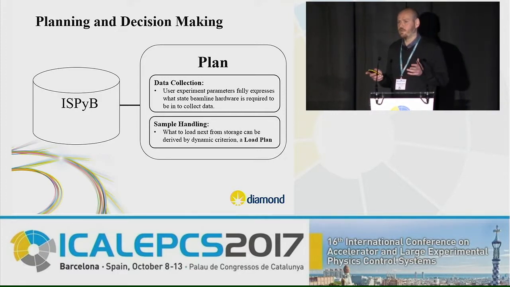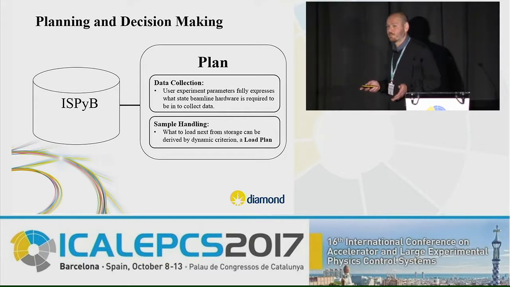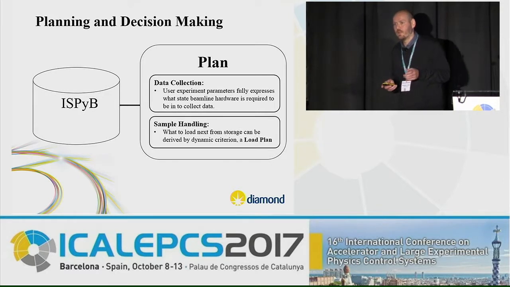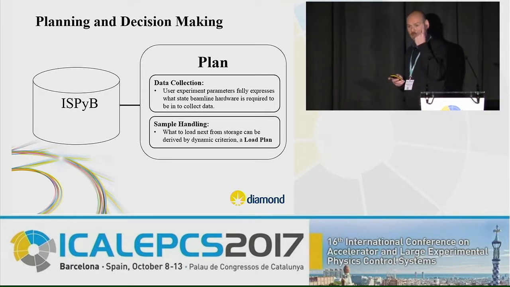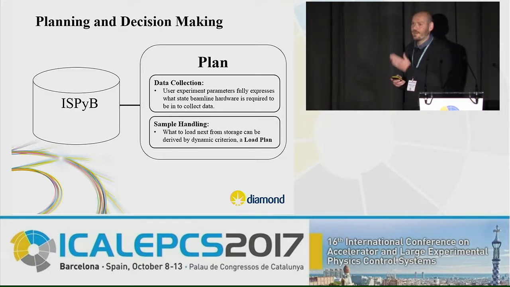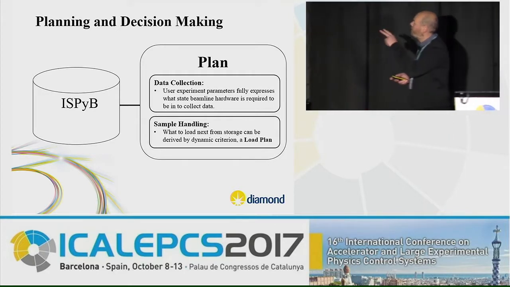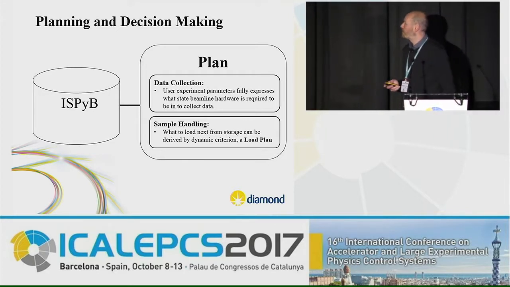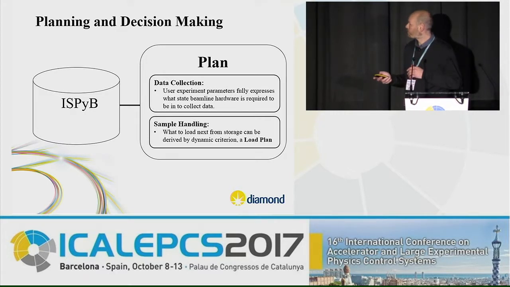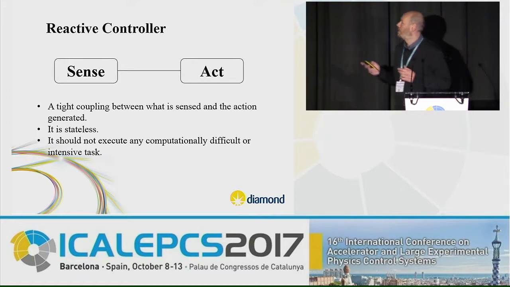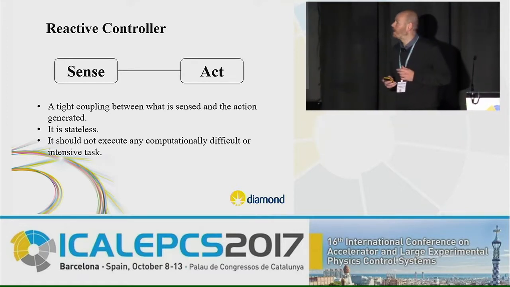But in the end, GDA doesn't really care how this selection process happens. All it cares about is that it gets that one plate loaded into the local storage. So we can make that an external process. If we've got these two elements of the plan, we know they're external now. That's great. That just leaves us with sense and act to wire together.